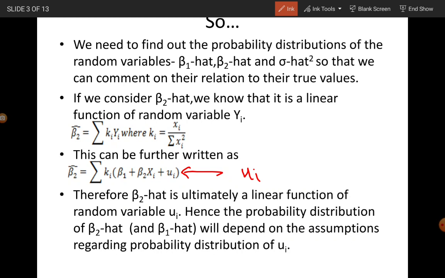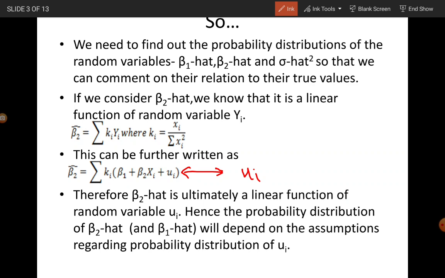So beta 2 hat is ultimately a function of the stochastic error term. Once again, remember, ui is called the error term, the disturbance term, and it is also often called the deviation between observed and estimated y values, right?